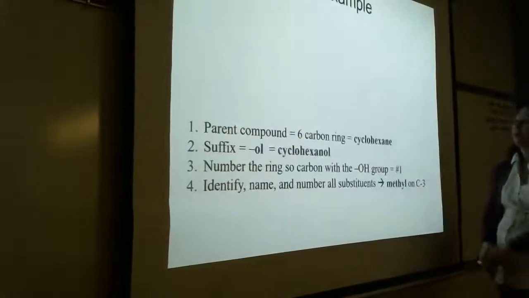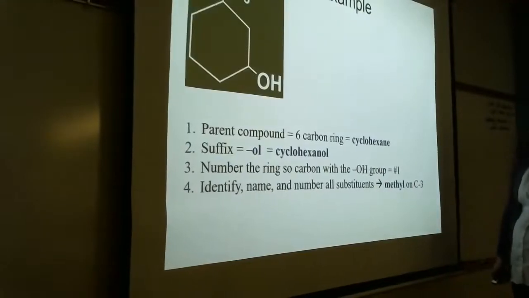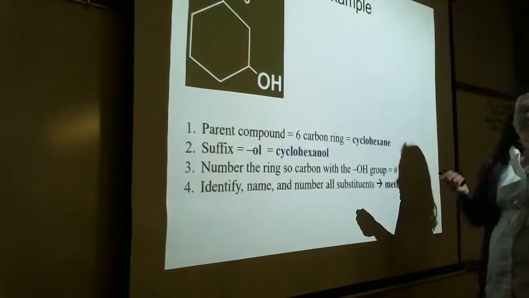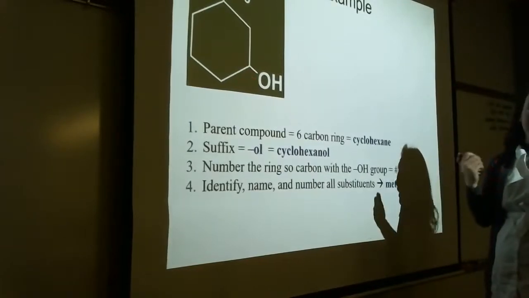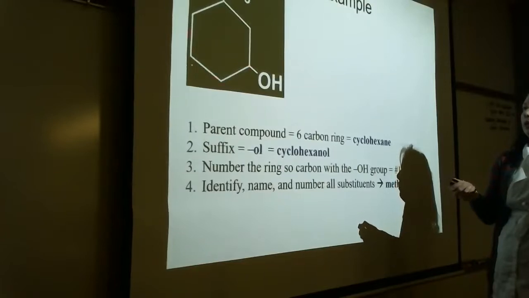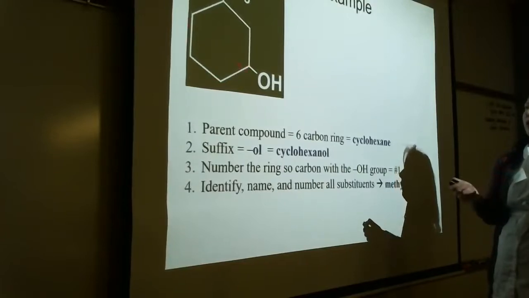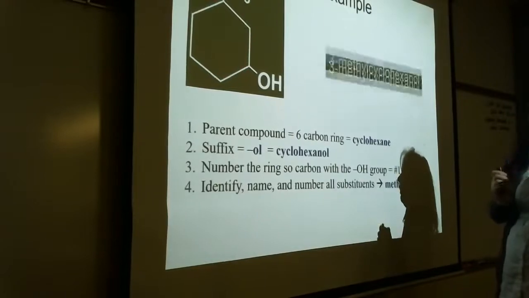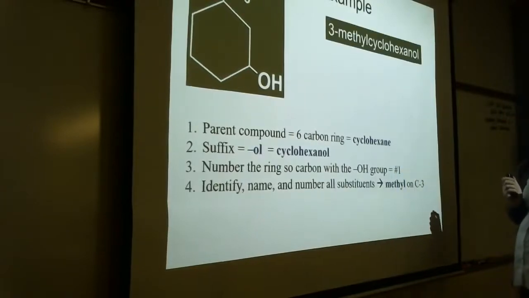Now, if it's a ring, by default, the OH gets number 1 status. Then you just need to decide how to number. Do you number clockwise, 1, 2, 3, 4, 5, or counterclockwise? You'd obviously go counterclockwise. So 3-methylcyclohexanol.